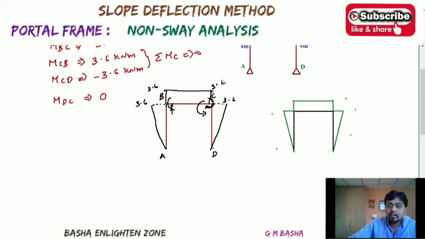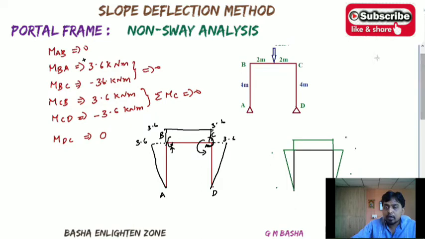Here a point load is given. Whenever a point load is given, you will get the free bending moment diagram in the form of a triangular load, with the ordinate exactly at the center point.